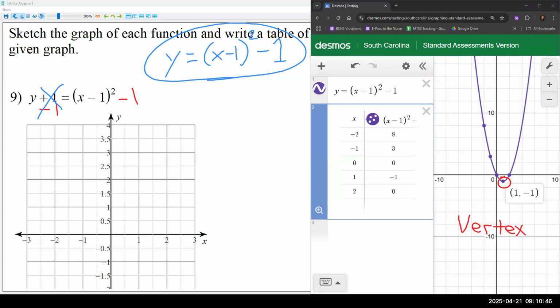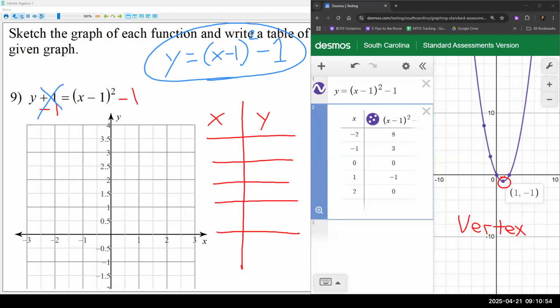So that point's called our vertex. I'm going to come over here. X, Y. Right in the middle, I put the vertex. It's 1, -1. So starting off with your vertex, before you do anything else, come up with your vertex.